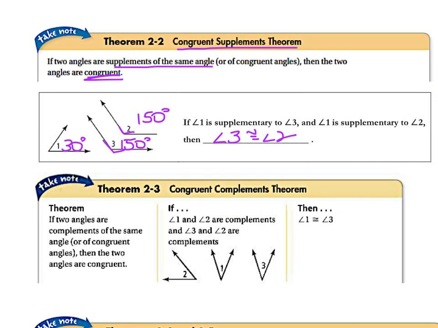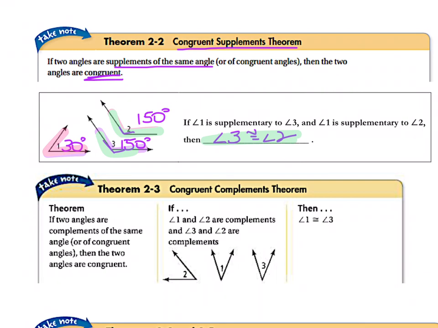And again, you want to think about the picture here. So if angle 1 is supplementary to angle 3, and angle 1 is also supplementary to angle 2, then that forces angle 2 and angle 3 to be the same measure. That forces them to be congruent, not supplementary.